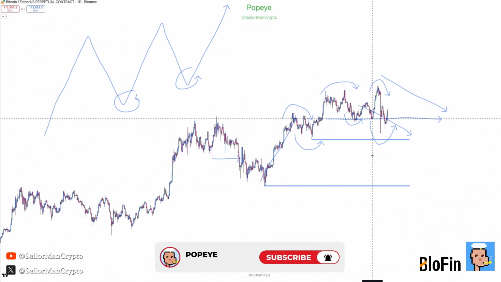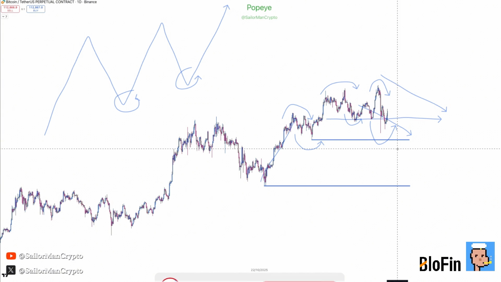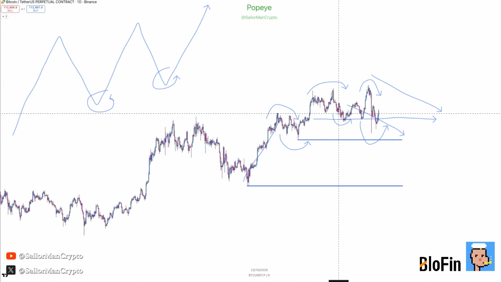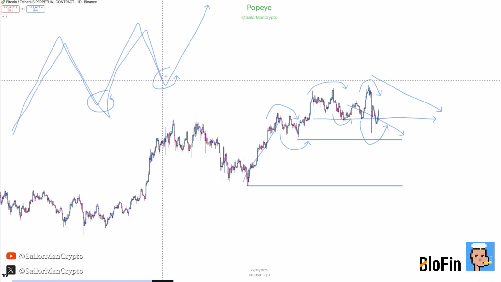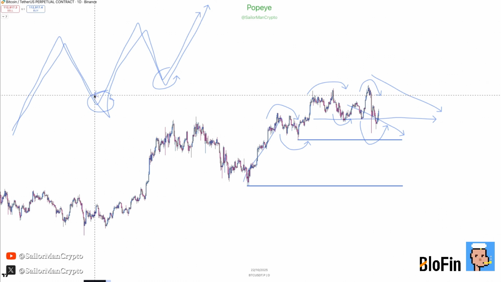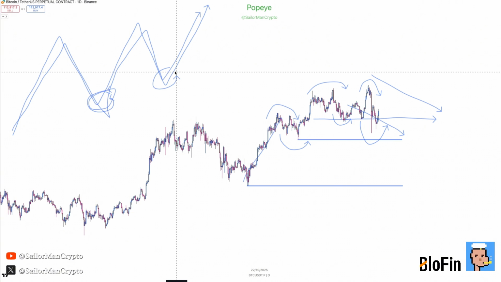So the same is applying here: it is the awareness of which kind of structure, a structure that looks like this, you want to trade, and being aware of whether you are still in a bullish structure or not.